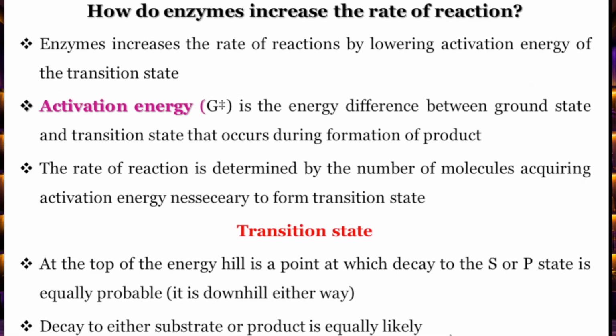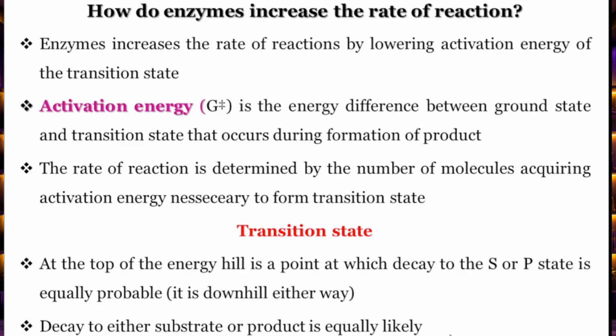Okay. How do enzymes increase the rate of reaction? Enzymes increase the rate of reaction by lowering the activation energy of the transition state. Activation energy is the energy difference between the ground state and the transition state that occurs during formation of the product.